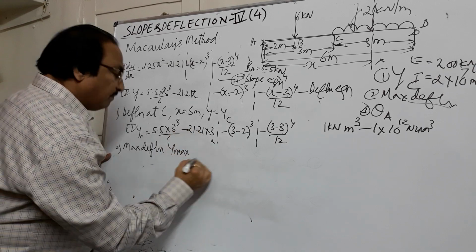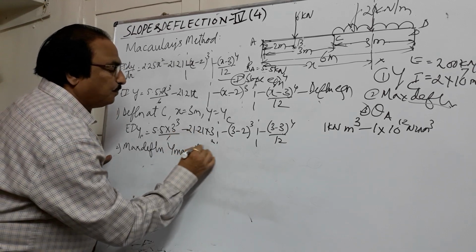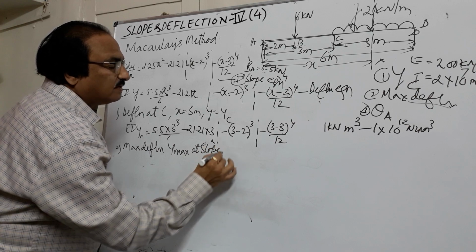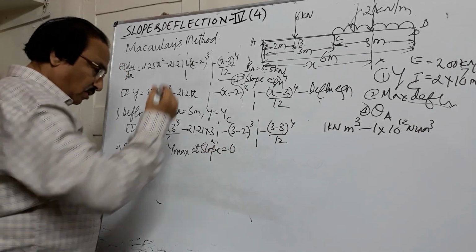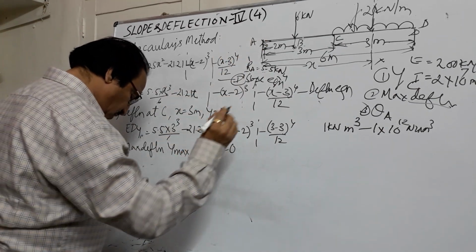Let us take that maximum deflection will be where the slope is 0. Wherever the slope is 0, we get the maximum deflection in a beam, because the slope changes from positive to negative.